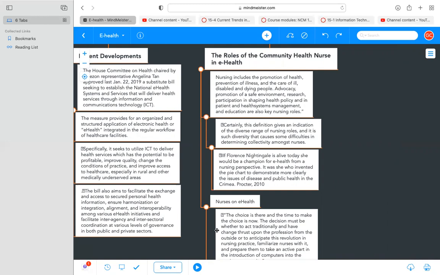As we all know, nursing includes the promotion of health and prevention of illness, as well as the care of the ill, disabled, and dying people. Also, advocacy is one of our primary roles, especially in community health, along with promotion of a safe environment, research participation, shaping health policy, and patient and health systems management.